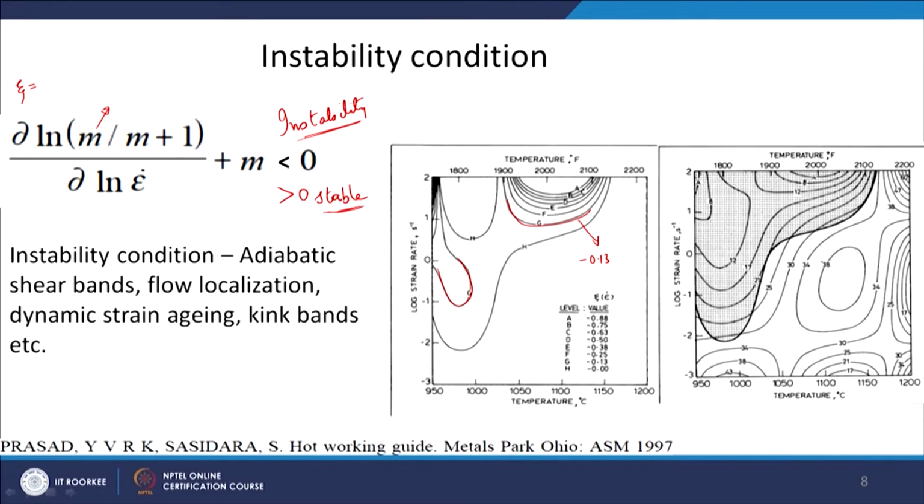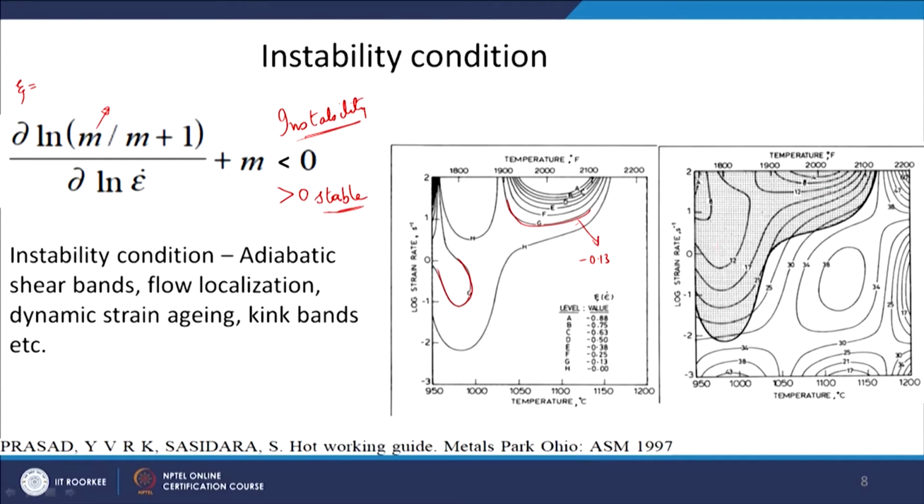Now you can see here two things are combined. You have efficiency contours, 38, 34% and so on, and on top of that there is this shaded region, which is taken from this final contour H, where the instability parameter zeta has a value of 0, and within that everything is negative.